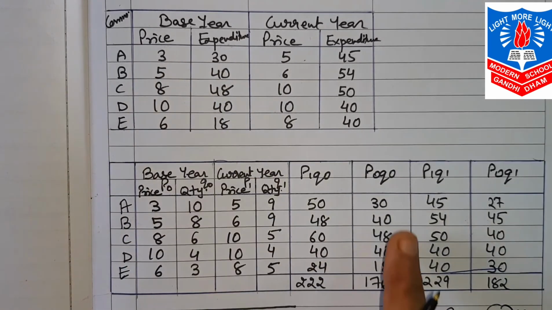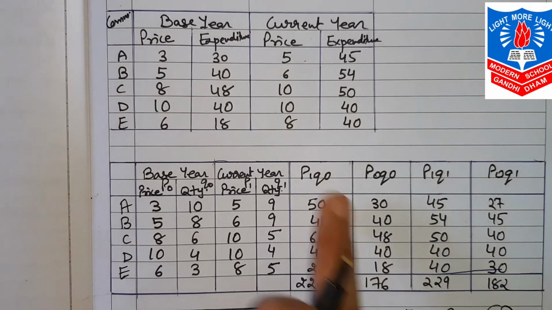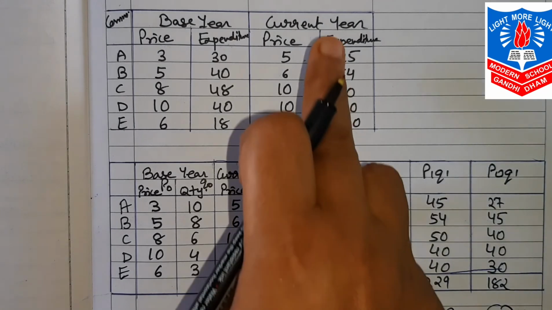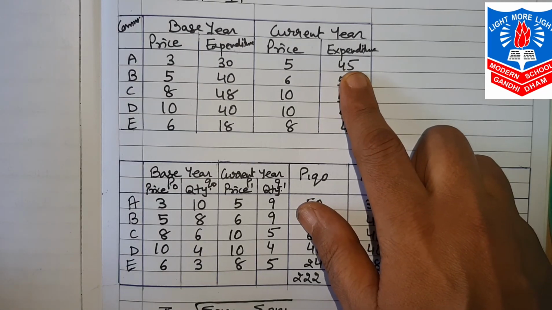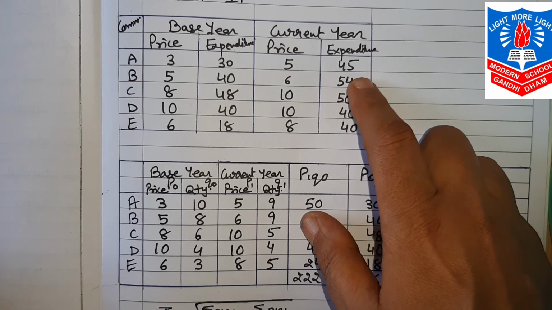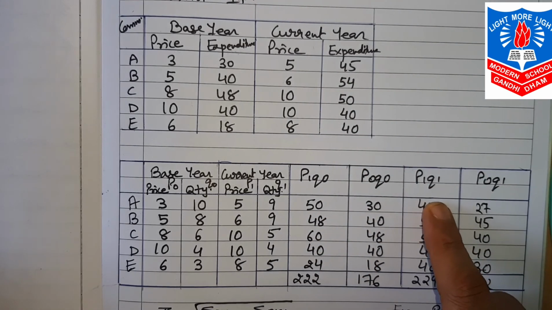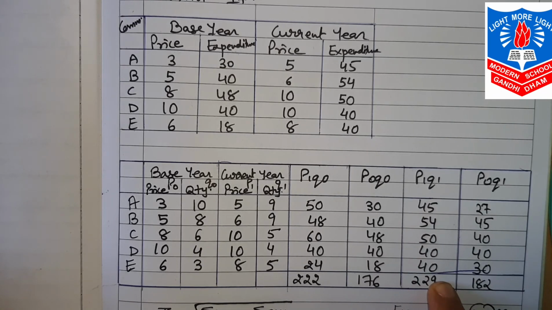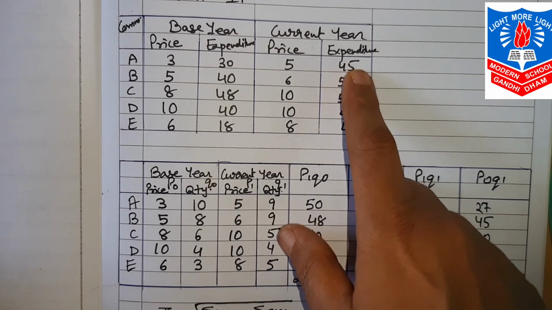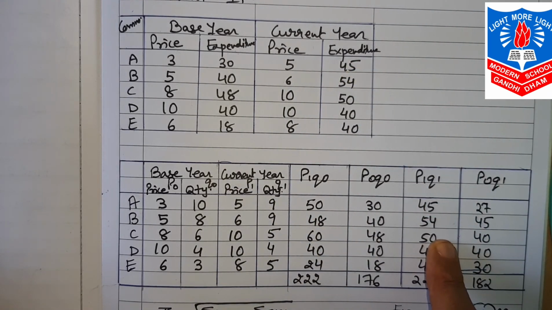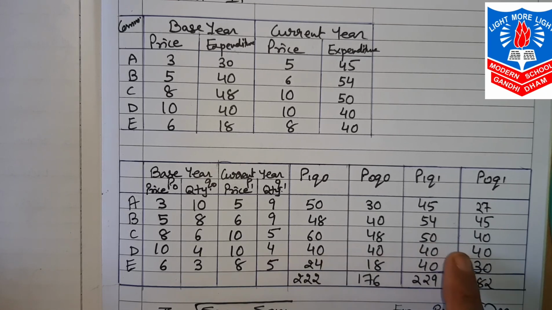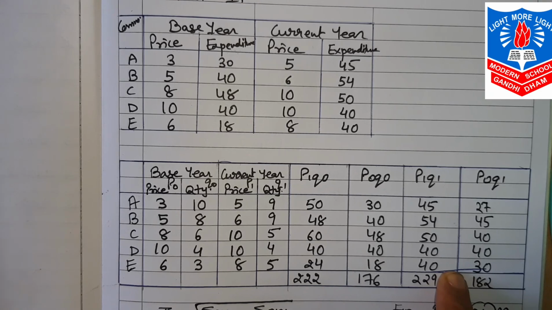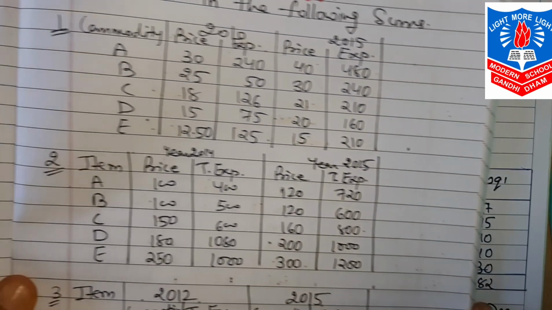The expenditure of the base year is P0 Q0. Similarly, the current year's expenditure is the same as P1 Q1, you can see 45, 54. So no need of wasting your time. You can write the current year's expenditure directly in P1 Q1 or multiply and write. It is your choice.